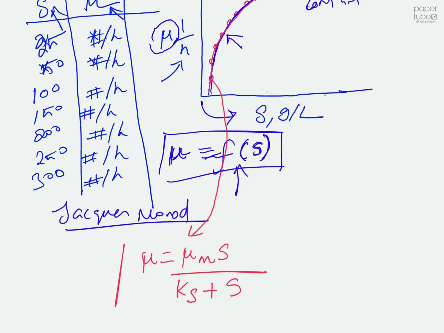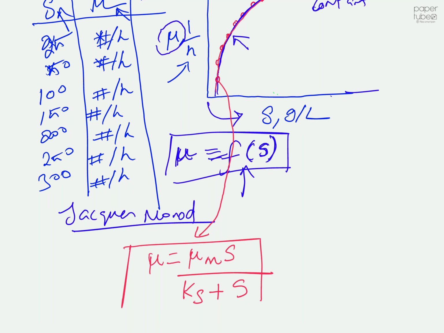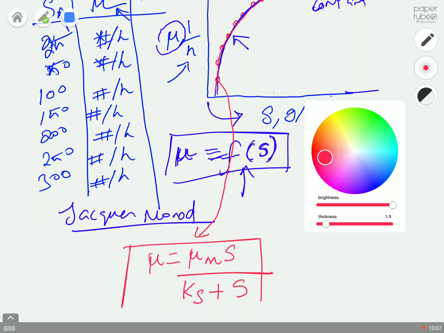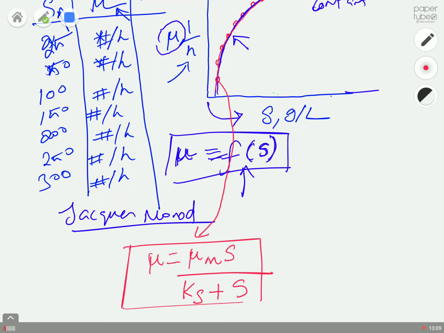So this is the equation of Jacques Monod. This is what he gave, and this is your y, sorry, this is your specific growth rate, and these two are your substrate concentration, and this is your maximum specific growth rate.